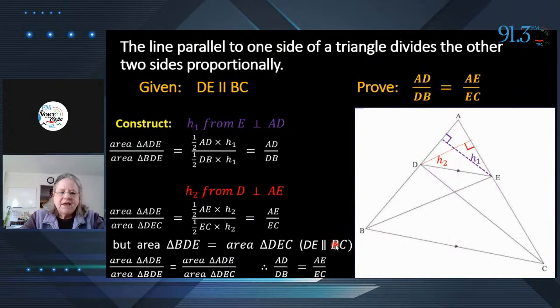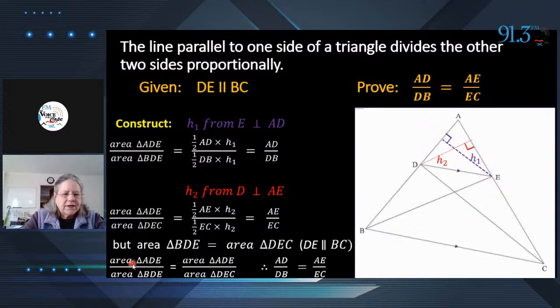We could have added in there same base as well if we wanted to. So therefore, we can say that this is equal to this. Just to repeat, the triangle ADEs are equal, and we've just said that triangle BDE is equal to triangle DEC. So as a whole, this is equal to this.